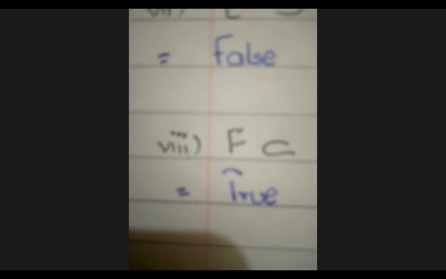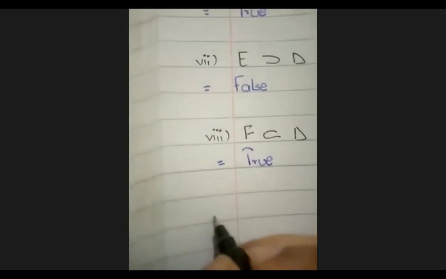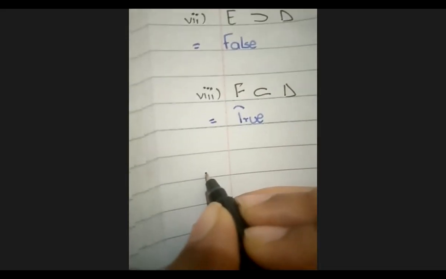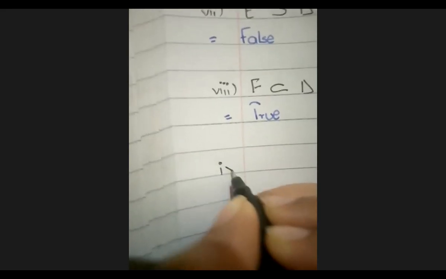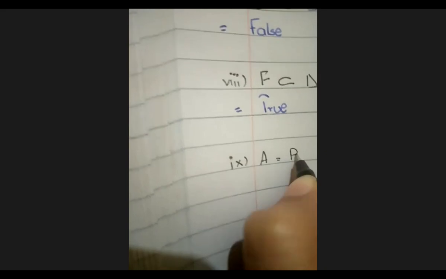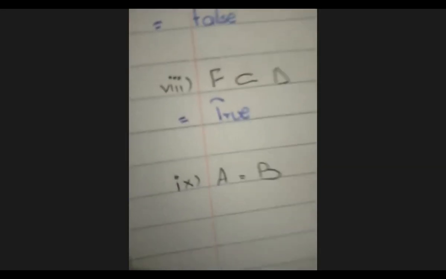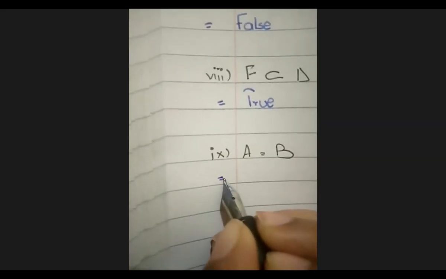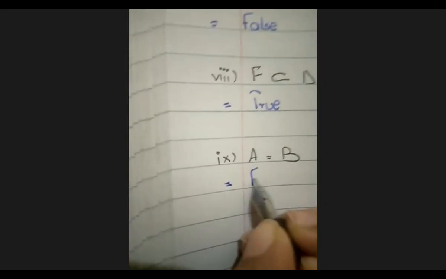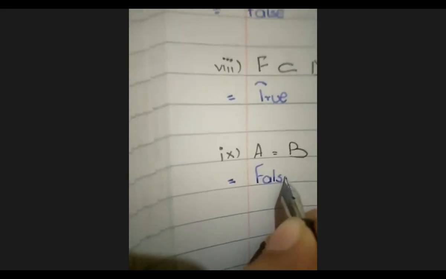Number 9: A is equal to B. True or false? It is false.